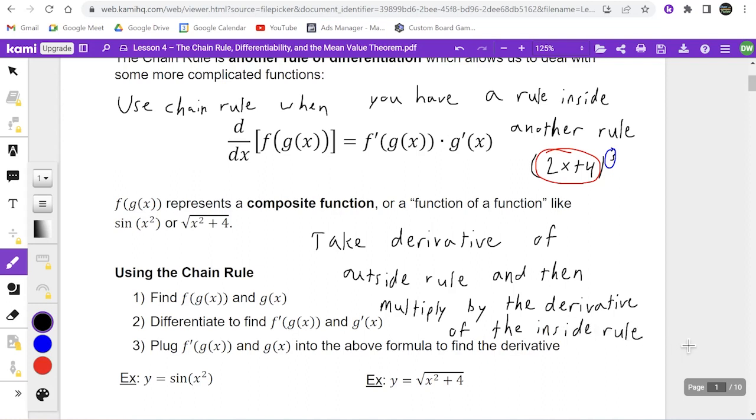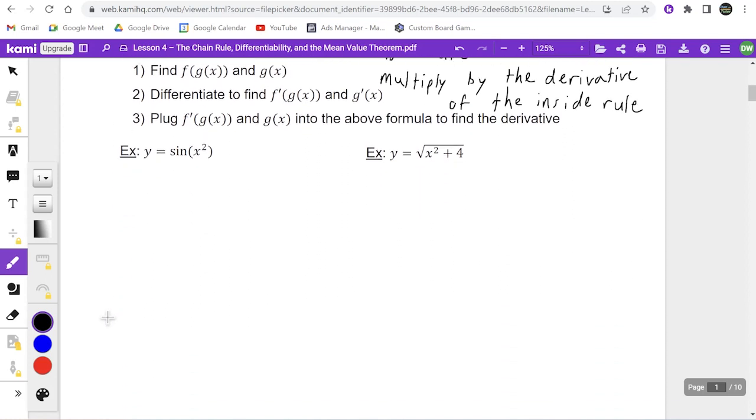And I'm going to give you a second to write that down. But basically what I'm saying is if you recognize the outside rule and the inside rule, then what you can do is say, hey, I'm going to take the derivative of the outside rule first and then multiply by the derivative of the inside rule. And when you look at it from that perspective, it's really not that bad. So let's go ahead and look at some examples.